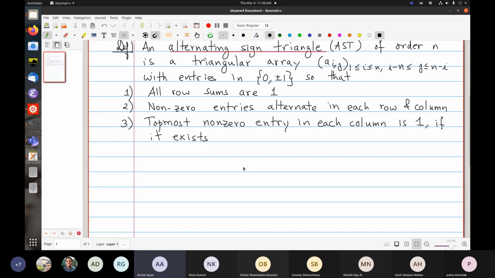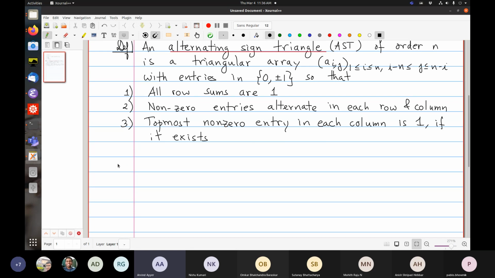Another way of saying this third condition is that column sums can only be 0 or 1. So maybe I'll write that also. Equivalently, column sums. No, it's not equivalent. Okay, sorry. Yeah, it's better to write this.